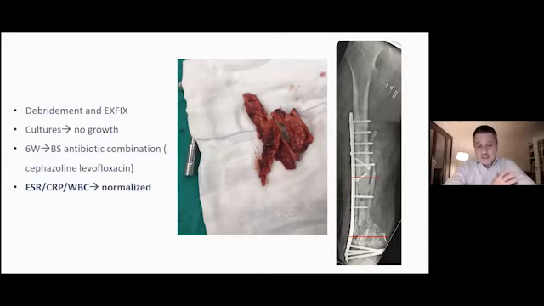It's really surprising that in this case, which is clearly infected, there is no growth. And as Christina mentioned, one reason could be that the patient received antibiotics. It seems not the case in this patient, but I would definitely try not to give antibiotics before surgery. Second, several tissue samples are important. I don't know if these parts which are here were sent to the microbiology, but definitely it would be good to send enough different tissue.